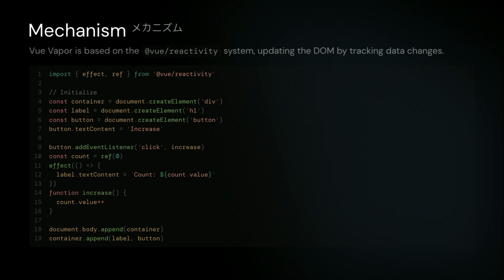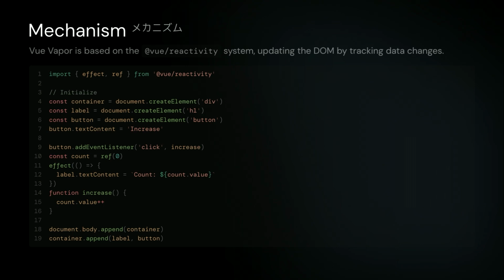Also, blindly re-rendering everything will slow things down, hurting performance. So with reactivity, we don't need to worry about where updates are needed and forget to manually call the render function. This is the core principle behind Vue Vapor.